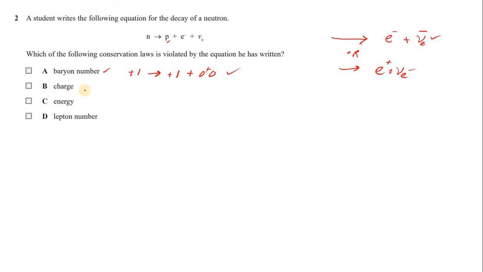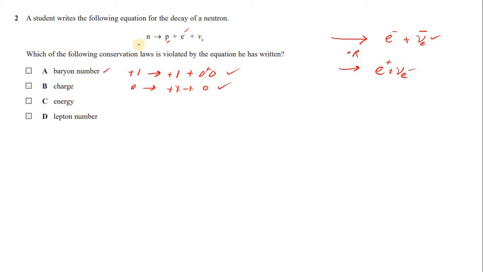Similarly charge. Before decay, the neutron has 0 charge, the proton has +1, the electron has -1, and the electron neutrino has no charge, 0. So +1 and -1 cancel, so 0 and 0. So charge is conserved.